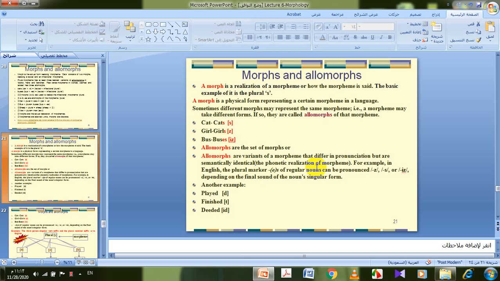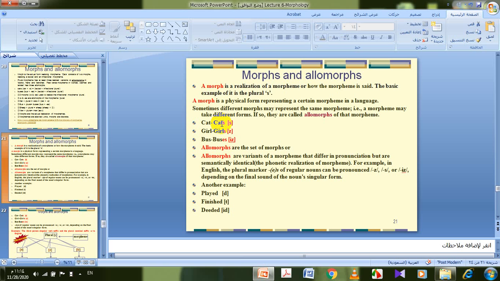So this is the phonetic realization of a morpheme. For example, in English, the plural marker, E or ES or S, of regular nouns can be pronounced Z, S, or is, depending on the final sound of the noun's singular form, like bus, girl, cat.